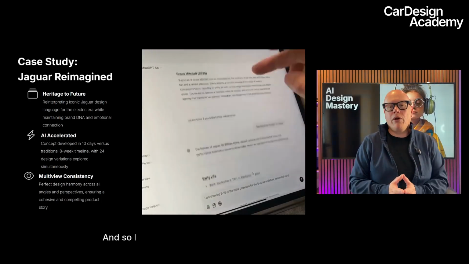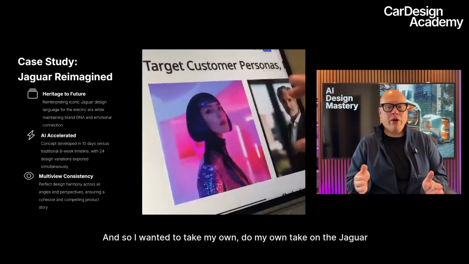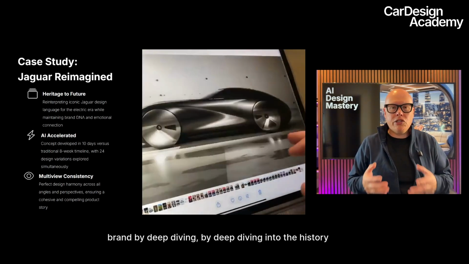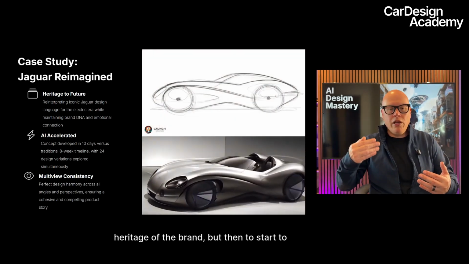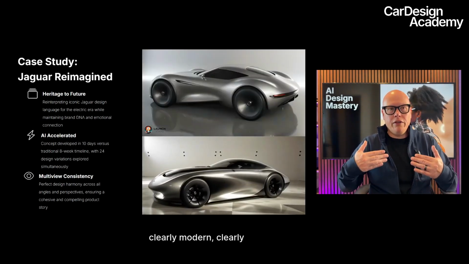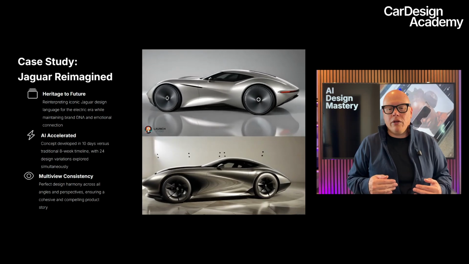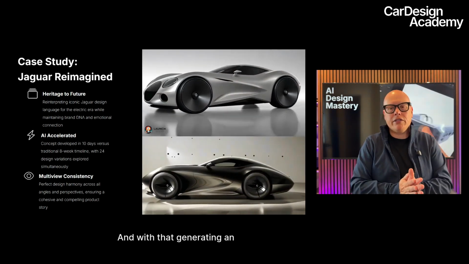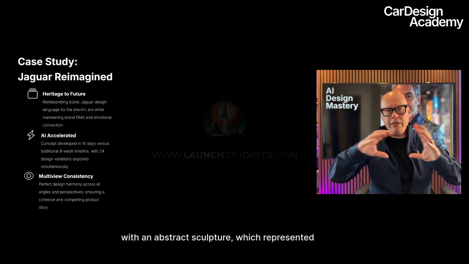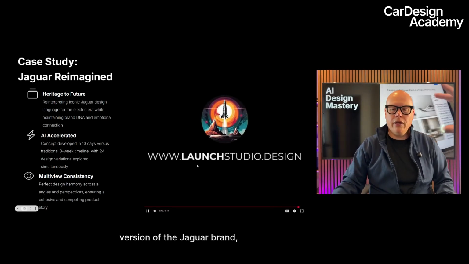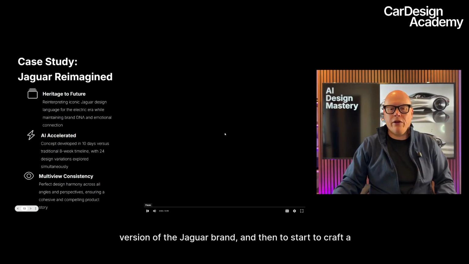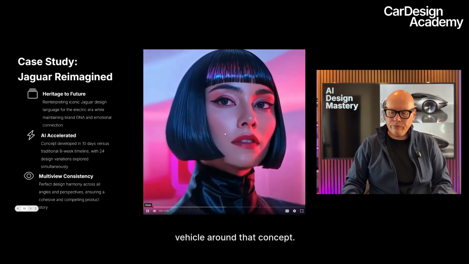I wasn't very happy with it, and so I wanted to do my own take on the Jaguar brand by deep diving into the history and the heritage of the brand, but then to start to craft a narrative and craft personas that are clearly modern, clearly in the near future, and with that generating an aesthetic direction, starting with an abstract sculpture, which represented a future version of the Jaguar brand, and then to start to craft a vehicle around that concept.